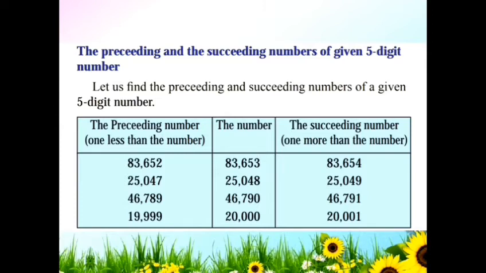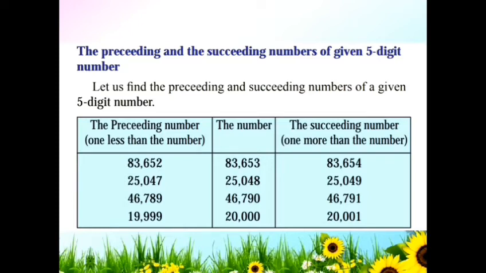The third one, the succeeding number, means 1 more than the number, means plus 1 in ones place only. The number in the question is 83,653. Preceding number is 83,652. The succeeding number is 83,654.